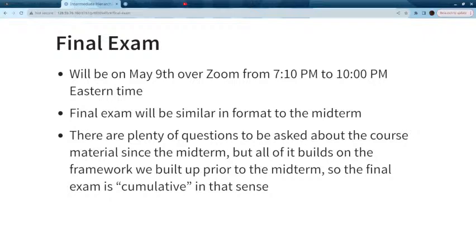It's cumulative, but we're certainly going to have a lot of questions about the stuff we've done since spring break, but also tying what we've done after spring break to some of the ideas from before spring break. So you shouldn't really be surprised by any of the questions.